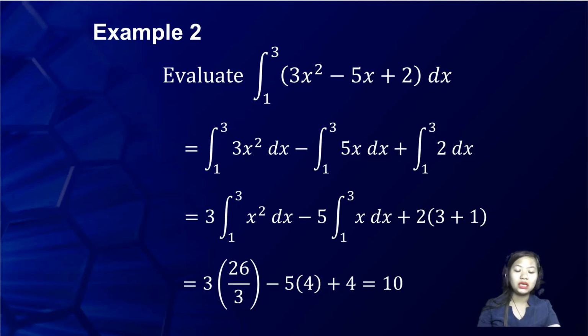So we have 3 times the integral of x squared dx from 1 to 3, minus 5 times the integral of x dx from 1 to 3, plus, in this part, we get directly the integral of 2 from 1 to 3 by taking the upper and the lower boundary.